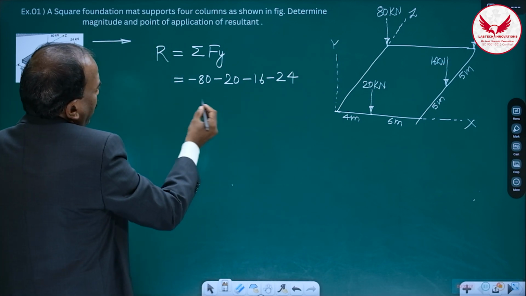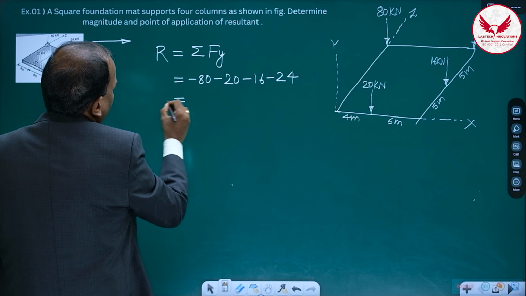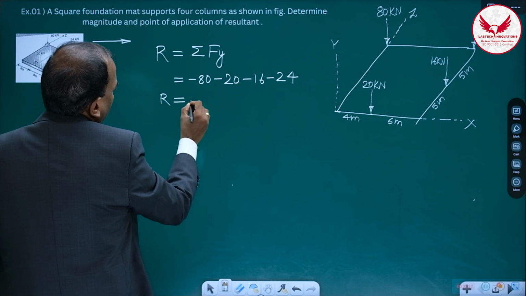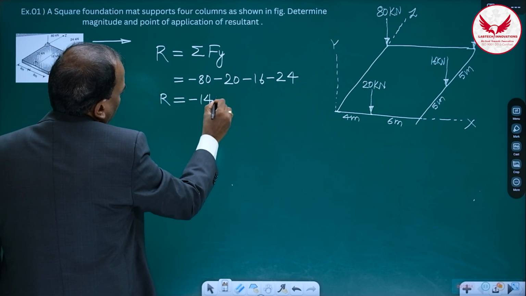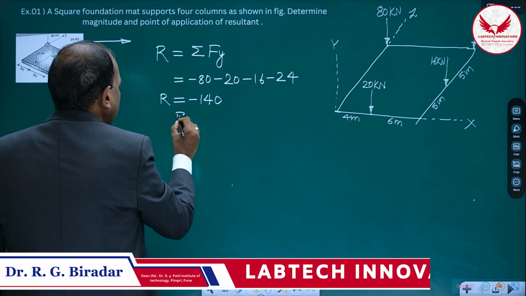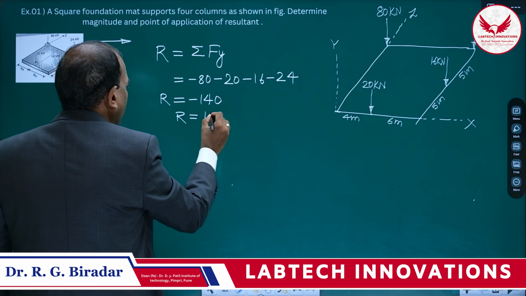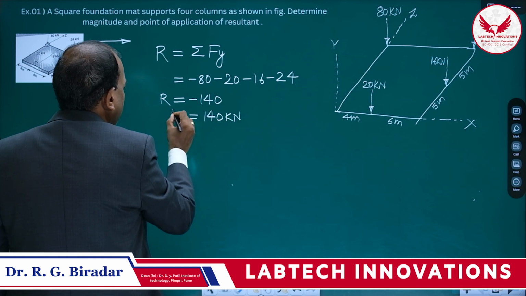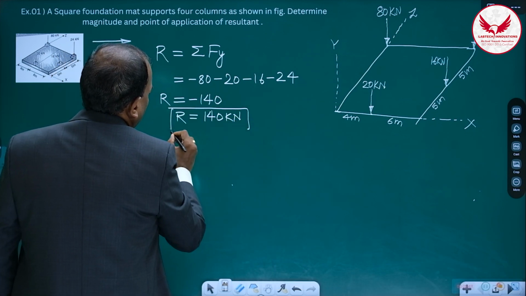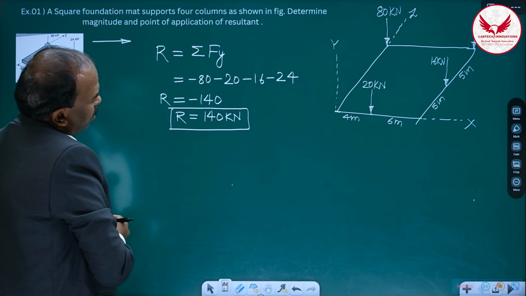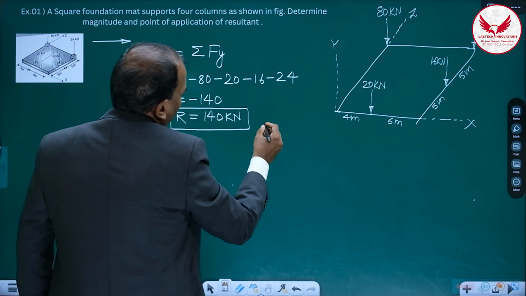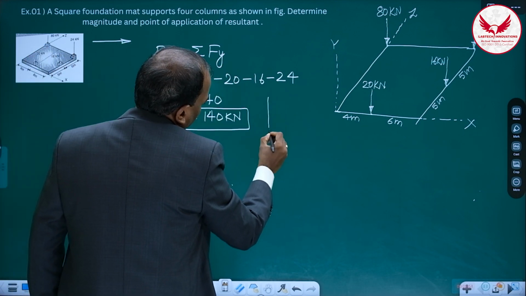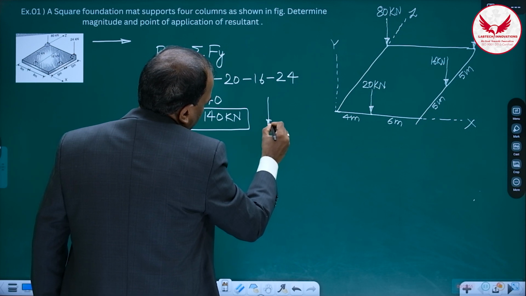Means it is going to be minus 140. R is equal to minus 140, and hence the resultant magnitude is 140 kilonewton. So this is the magnitude. And its direction is going to be negative, means in negative y direction. It is vertically downward.